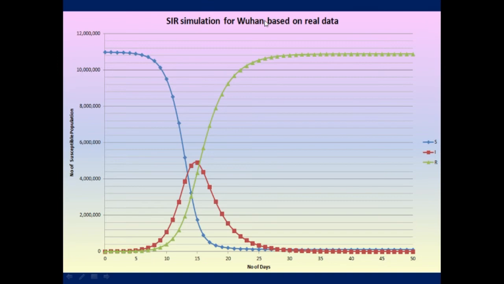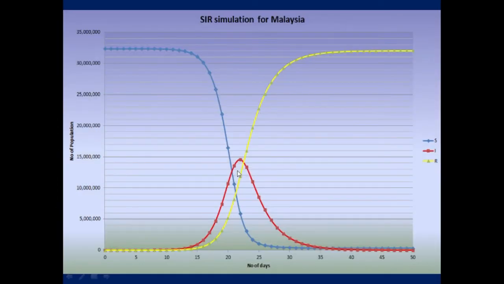I've drawn the SEIR simulation curve for Wuhan, in terms of number of susceptible population and number of days. It's this infectious rate curve that we are worried about, and this is a peak within 10 days or 25 days of Wuhan. And I've done the same thing for Malaysia, and this is the chart for Malaysia.